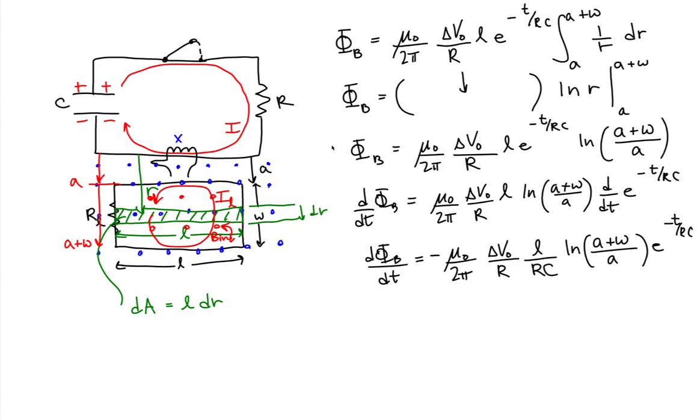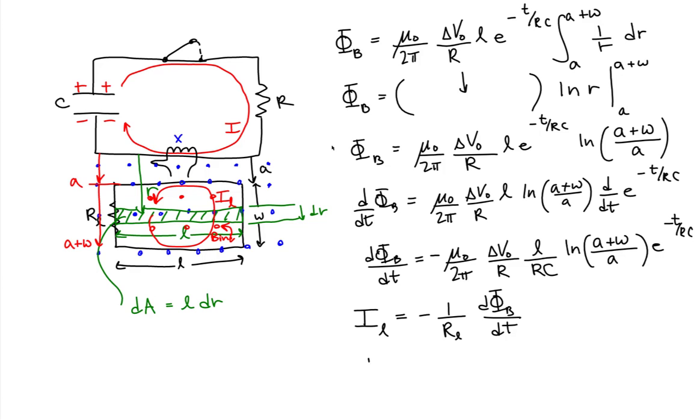Now that we have this expression for the time rate of change of magnetic flux, we could return to the expression we have for the induced current in the loop. The expression we had said that it is equal to minus 1 over the resistance of the loop times the time rate of change of magnetic flux.